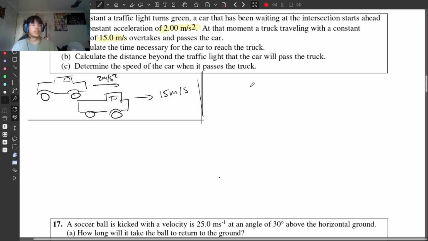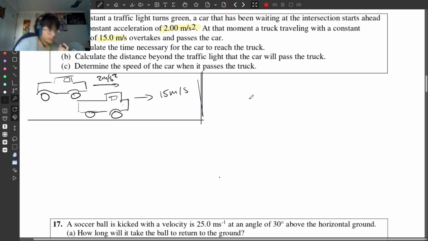I've just got some formulas here that I'm looking at. So it will probably have to be a formula with a t given.